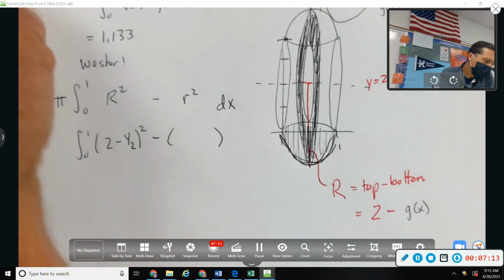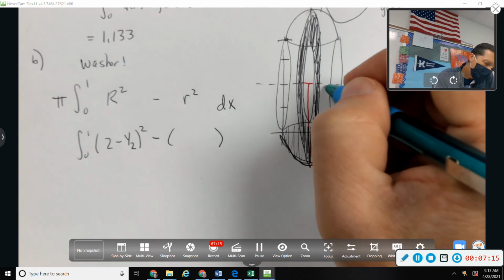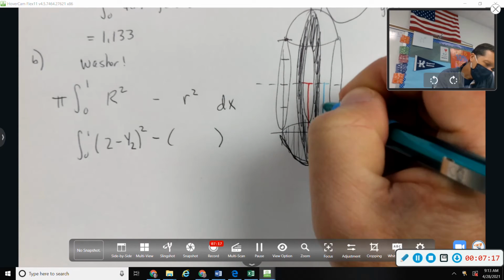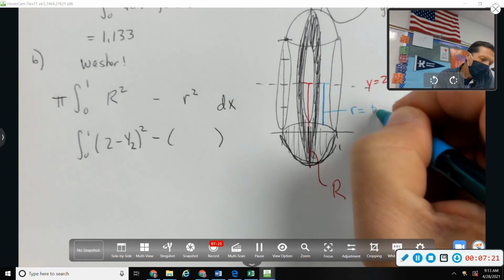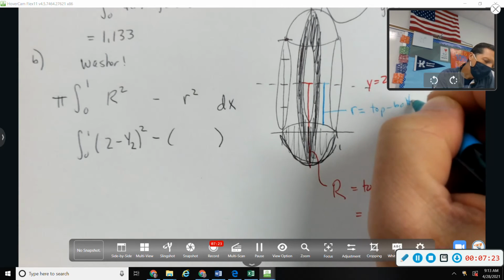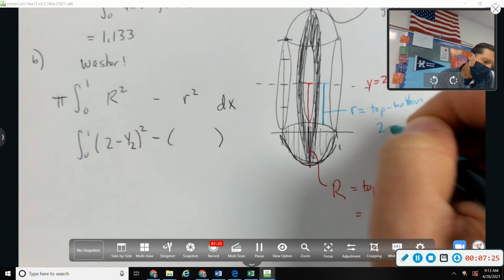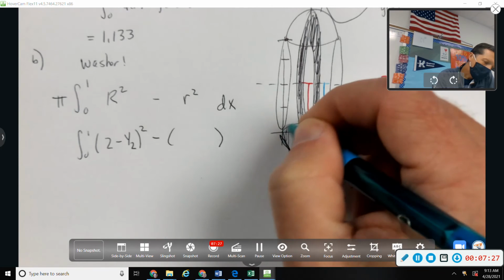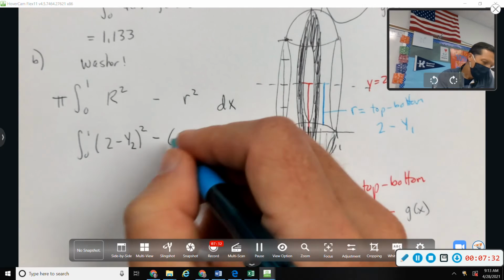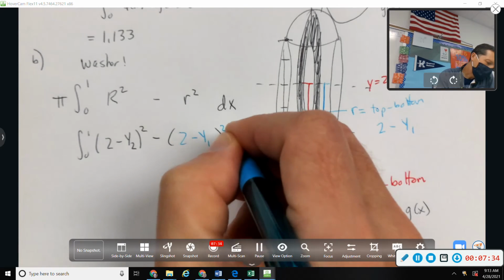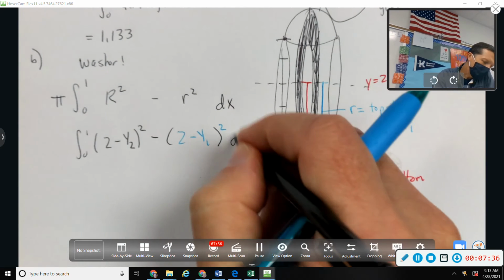Little r. So from the center to the inside radius, little r, again, top minus bottom, so that'd be 2 minus f of x, or y1, 2 minus y1 squared, dx.